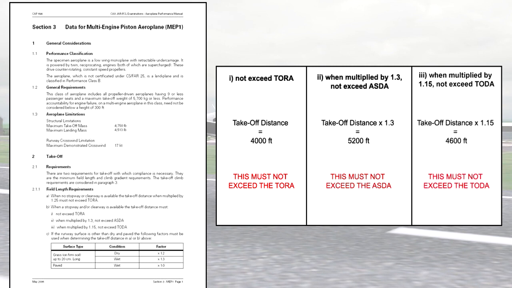The last regulation tells us that the takeoff distance, when multiplied by 1.15, must not exceed the takeoff distance available. You may recall that the takeoff distance available is the takeoff run available plus any clearway. Therefore, the pilot must ensure that he has at least 4,600 feet of takeoff distance available.